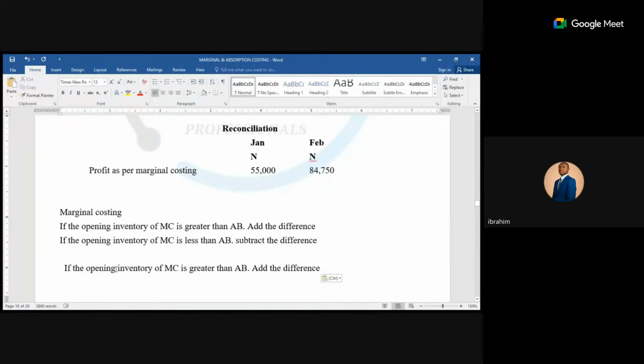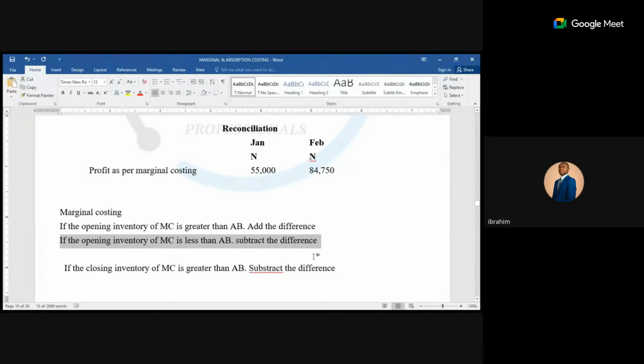So if the closing inventory of marginal costing is greater, class, you will subtract the difference. The same thing is applicable here.